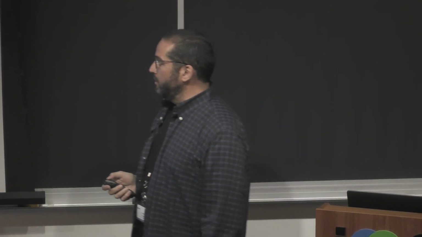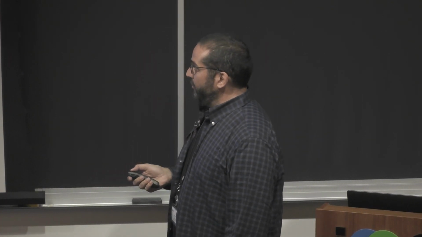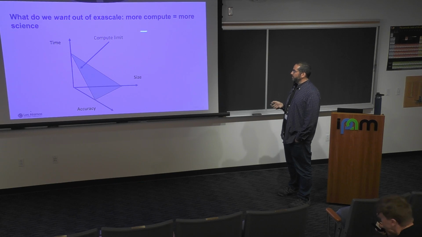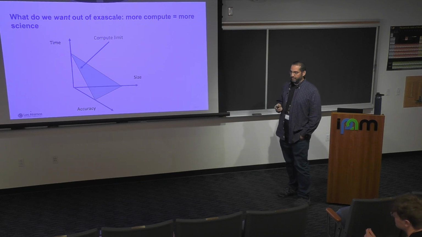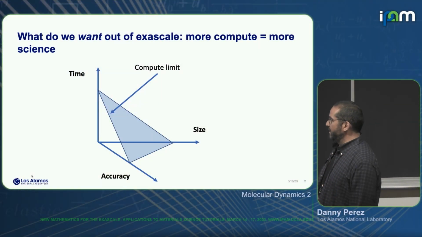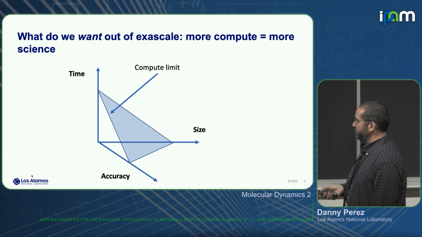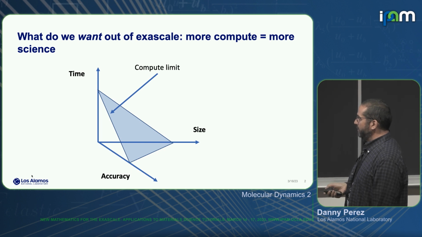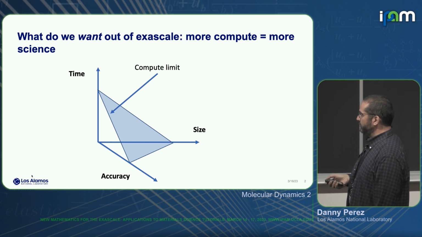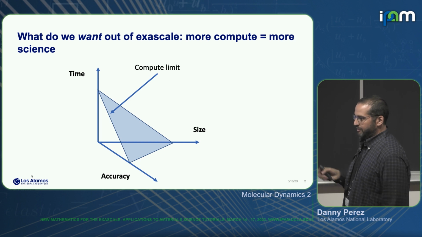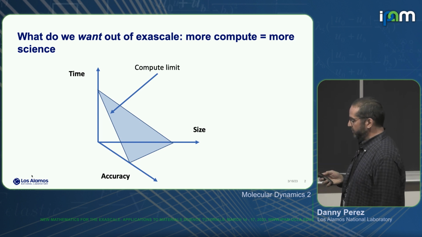Okay. So ideally, what we want out of an exascale machine is that when you get more computing power, you get more science out of it, right? So ideally, in the simulation space that's relevant for MD, so size of the simulation, accuracy, time, there is some kind of surface that bounds the amount of compute you have available, and you're bounded by that envelope.